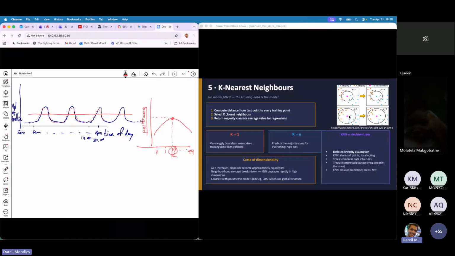So k nearest neighbors is often referred to as a lazy algorithm. And why it's lazy is because with k nearest neighbors, it doesn't really learn anything. When you give it training data, all it does is use that training data as a reference data set. So when you give it a new data point, it's going to calculate the distance for that data point.